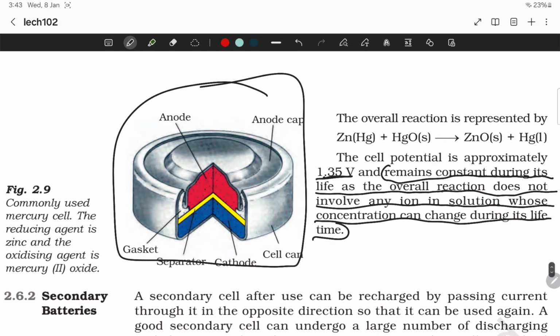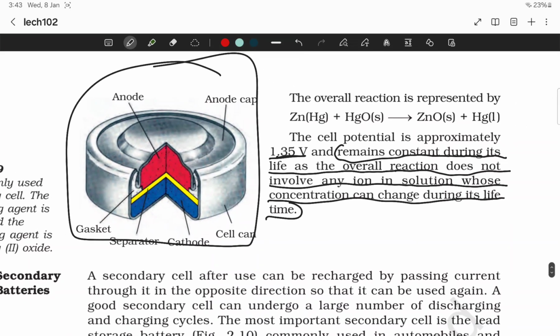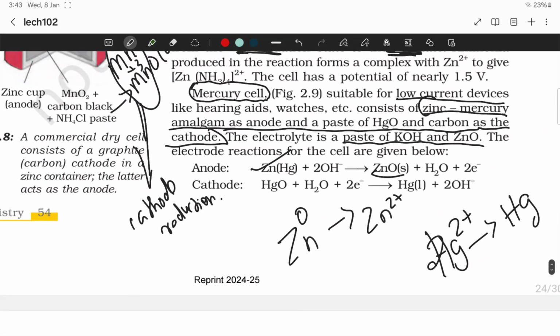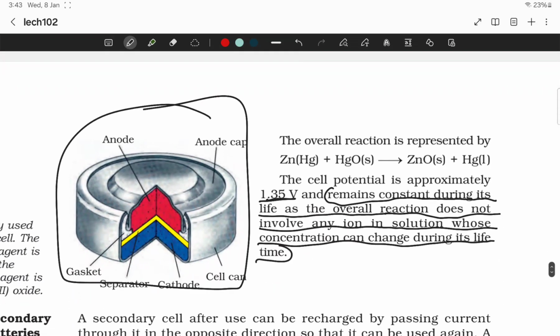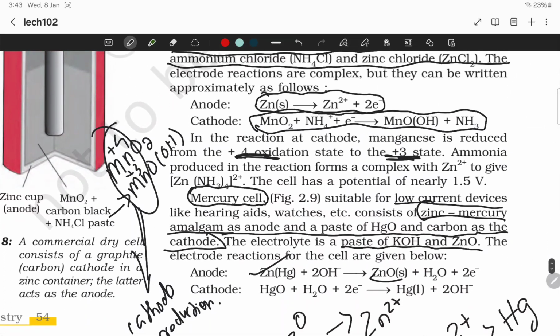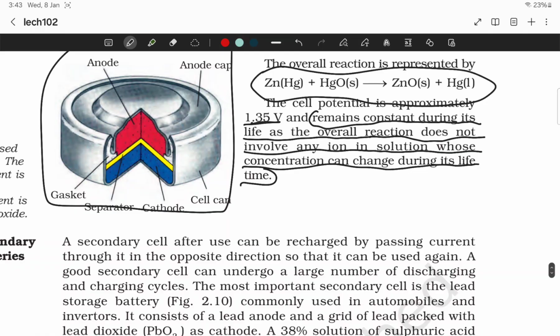So this battery has a very long lifetime, and the 1.35 volt remains constant because no ions are involved in the overall reaction. In the dry cell reaction, ions were there; Zn2+ ions are there.